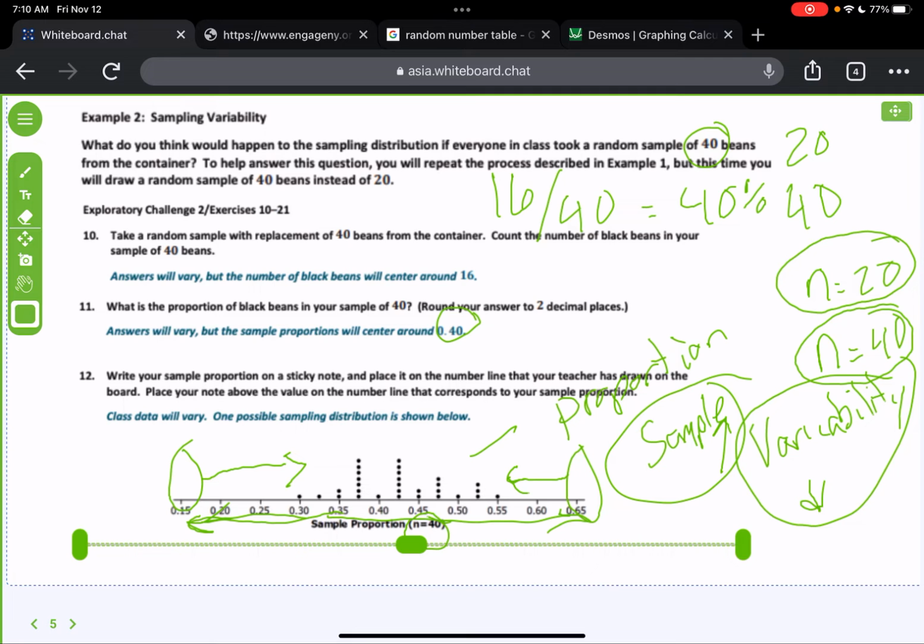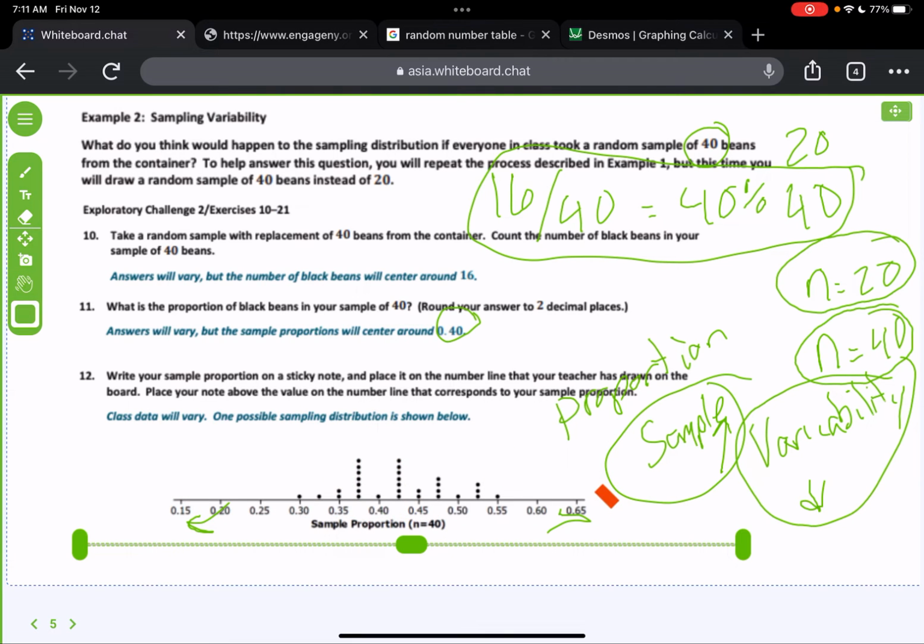No, it's not. So the larger your sample size, the smaller your variability gets, because you're getting more accurate in your proportions. They should be centering around your 0.4.